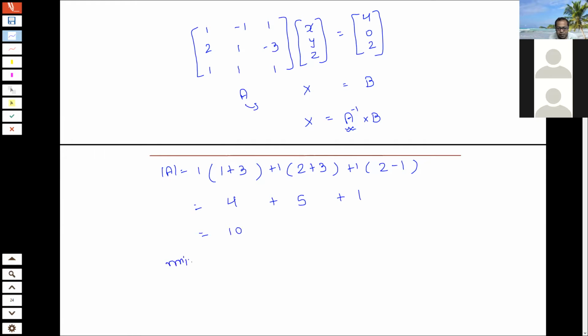Then the next step is the minor matrix. In the minor we already know, in the first position these 3 numbers are ready with us: 4, 5 and 1.